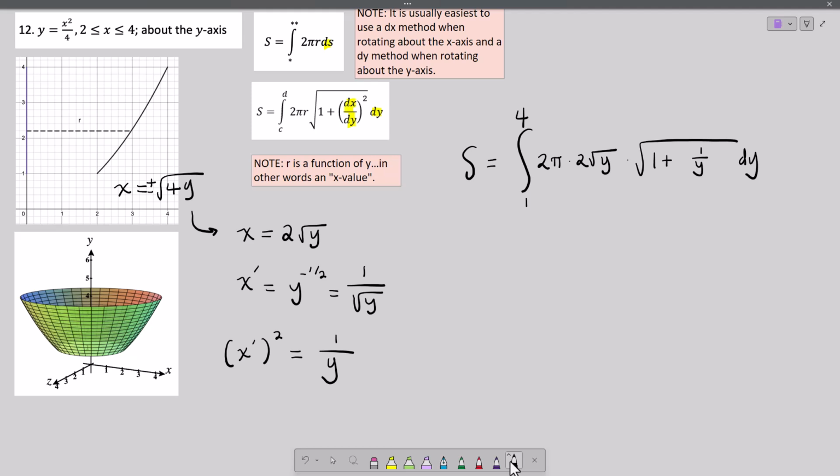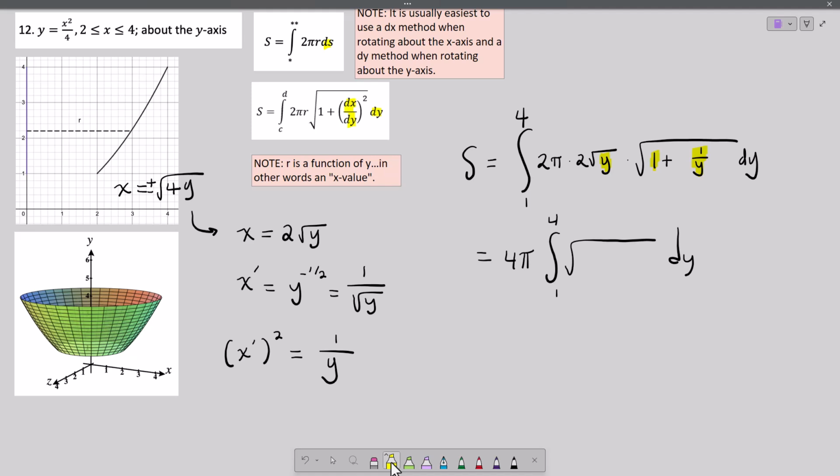And then once again, we have a product of square roots. When you have a product of square roots, you turn that into the square root of the product of the insides. So we need to take what's in this square root and distribute it to what's in the second square root.